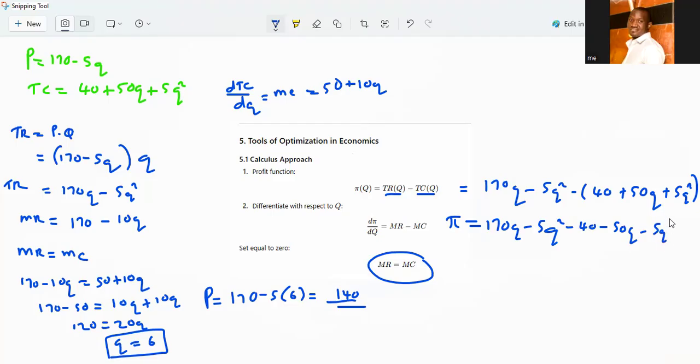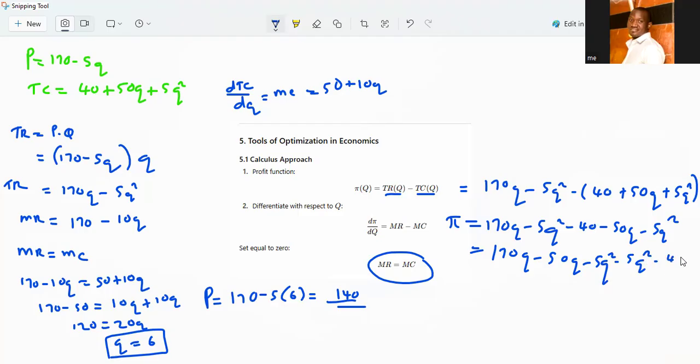So you put the like terms together. So 170Q minus 50Q. Then we have minus 5Q squared minus 5Q squared. Then here the 40 remains alone.